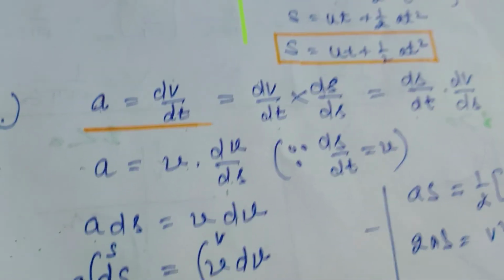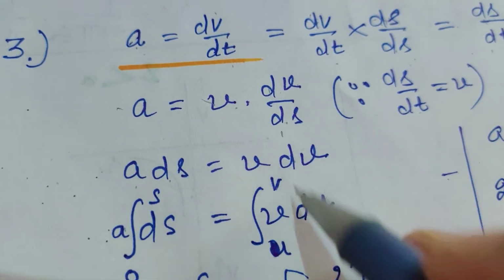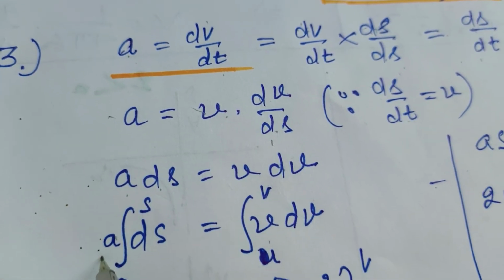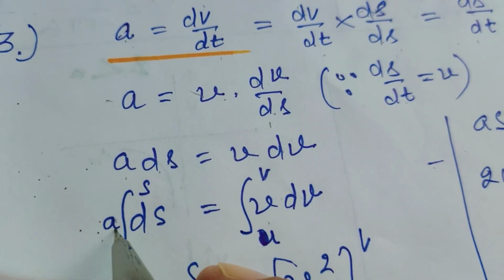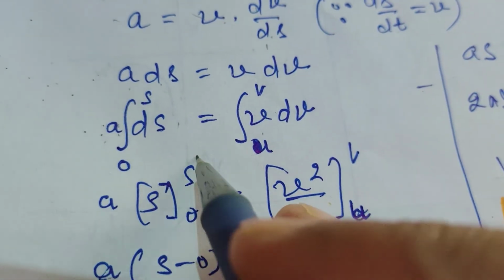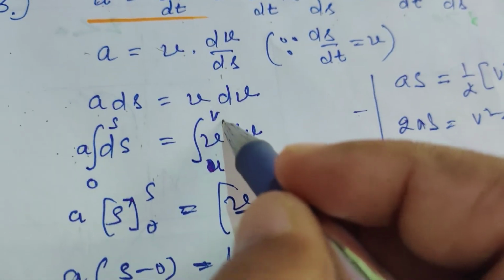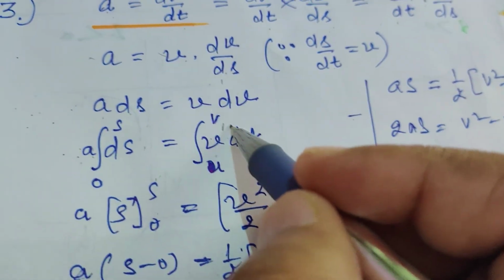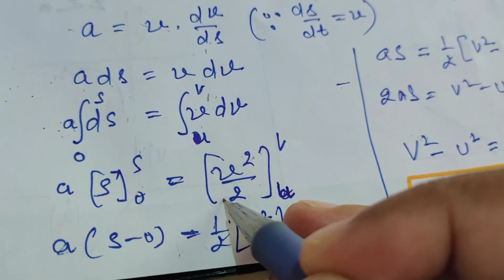Now a is taken outside. To find the total displacement, just integrate it. Acceleration is taken outside. Here is the integration of v dv. Differentiation and integration cancel, s is there, and you can use the limits from lower to upper. Now here v to the power 1, again the same formula, x to the power n plus 1 over n plus 1, that is 1 plus 1, 2, divided by 2.